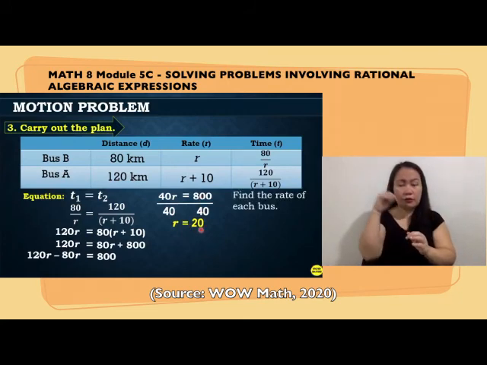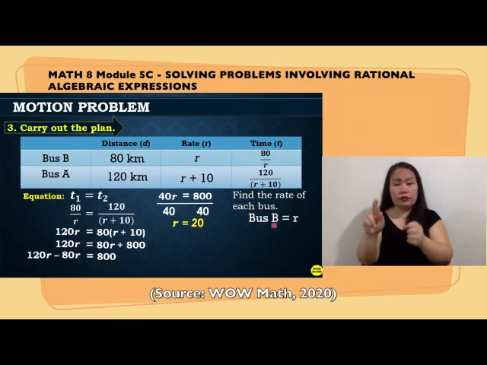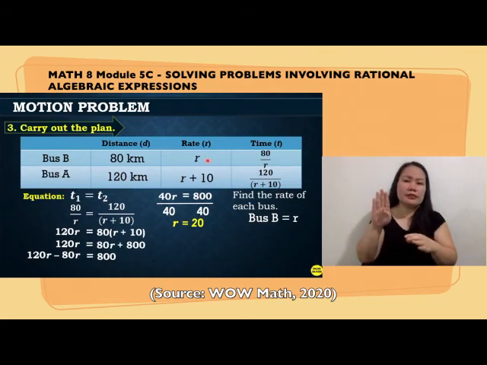Okay. So, let's go back to the question. Find the rate of each bus. Alright. So, by substituting the result, we have bus B is equal to R. So, the rate of bus B is 20 kilometers per hour.